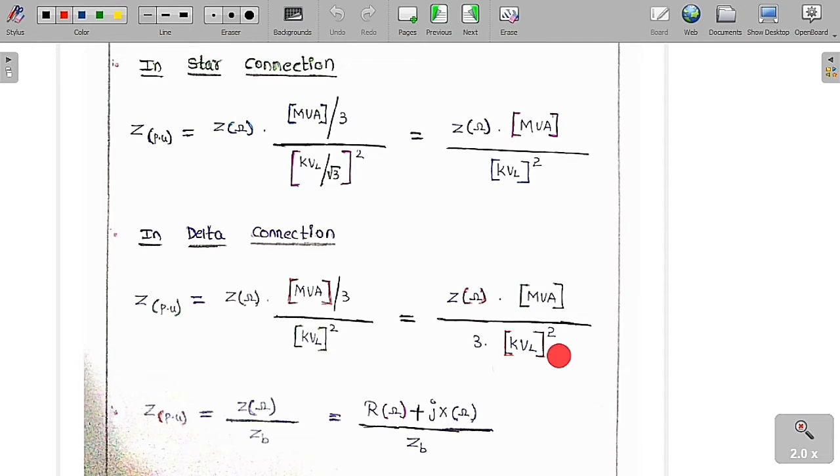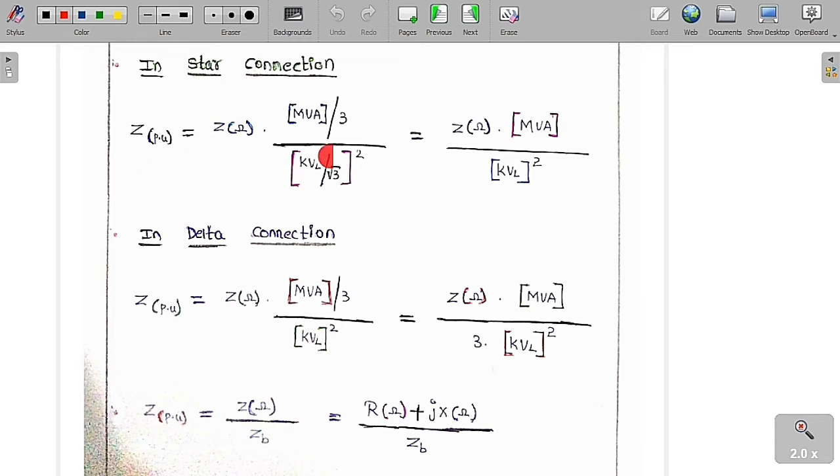Only the per phase value we have to use, not the overall value. For star connection, power is by 3 and per phase voltage is line by root 3, whereas for delta, per phase power is again by 3 and line voltage is equal to phase voltage. These are the formulas for both star and delta connection for the per phase per unit values.